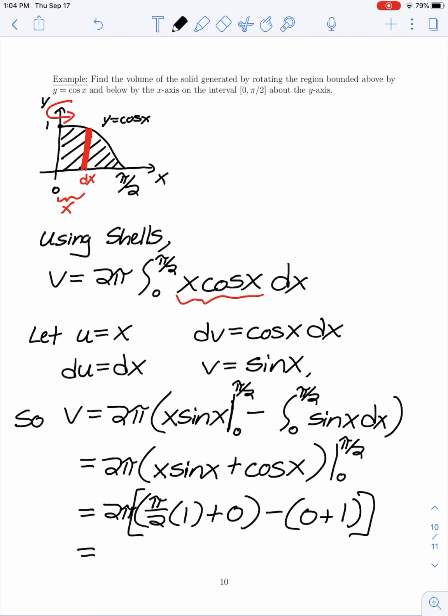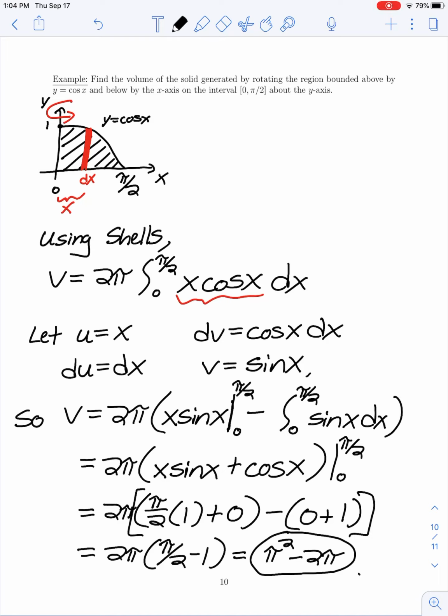So we would have 2 pi times pi over 2 minus 1, or distributing, I would have pi squared minus 2 times pi. And this would be our volume of the indicated region in cubic units. So a little review of our Chapter 2 techniques combined with these new techniques of integration.